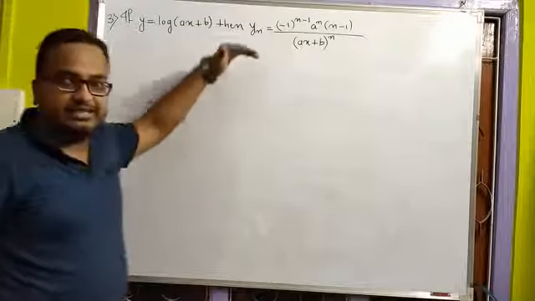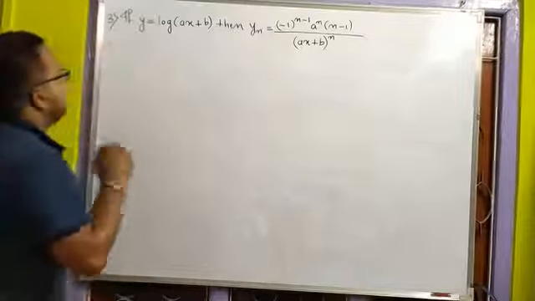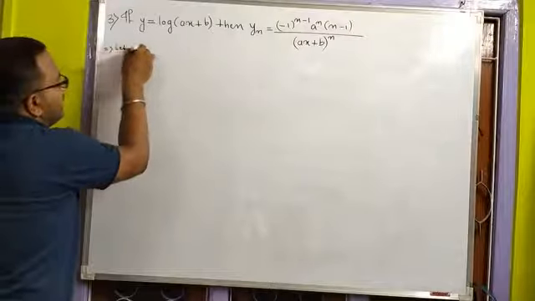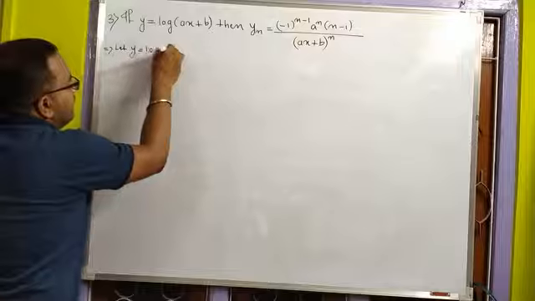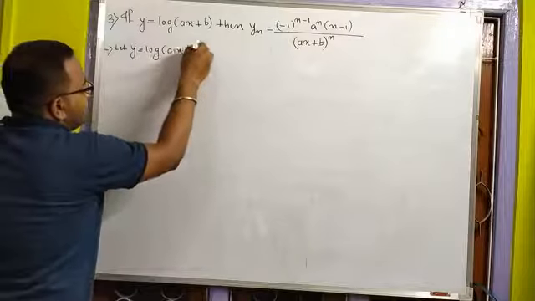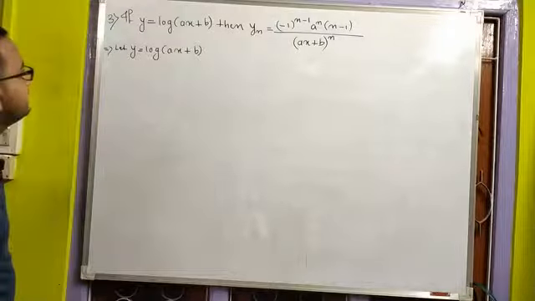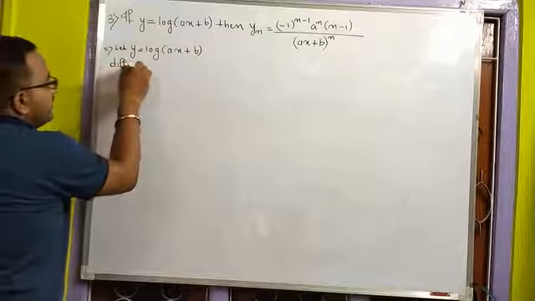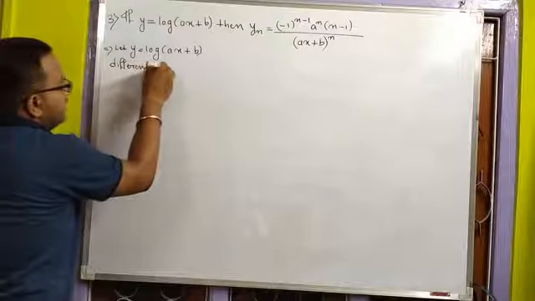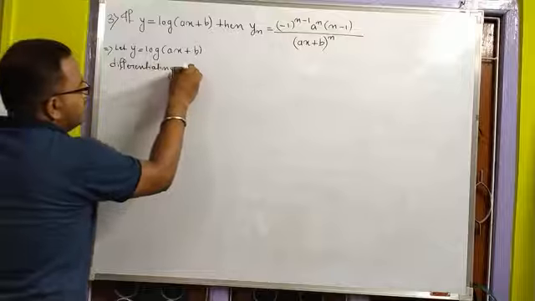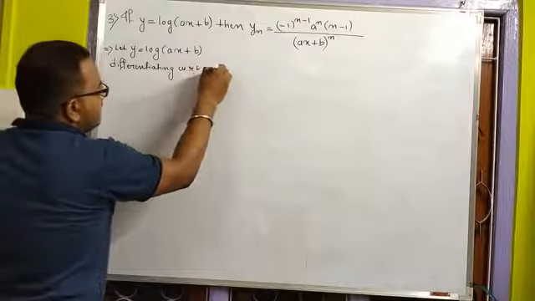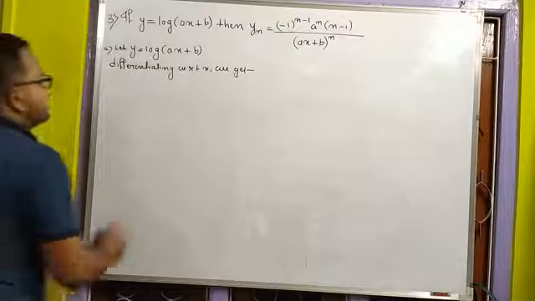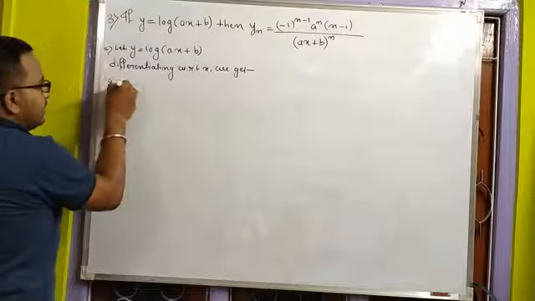So let us see the third one, how to solve it. Your function is what? Let y equal log of ax plus b. Now we are differentiating with respect to x. What do we get? y1 equals log x.